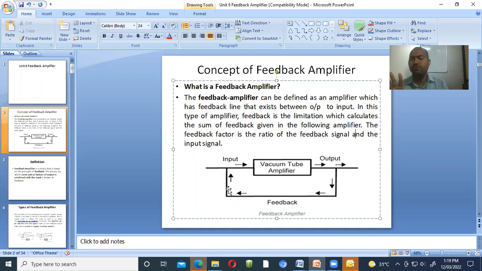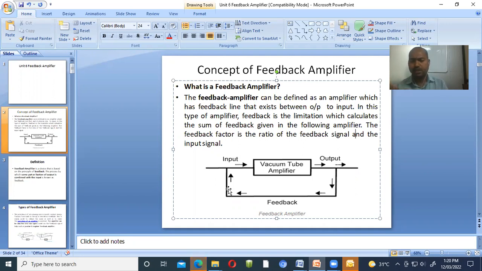When we use positive feedback, the gain of your amplifier increases. But we design an amplifier for the purpose of increasing the gain of whatever input is applied. Still, positive feedback is not used at all in an amplifier. It should be used in the case of an oscillator. The output of an oscillator is a sine wave.